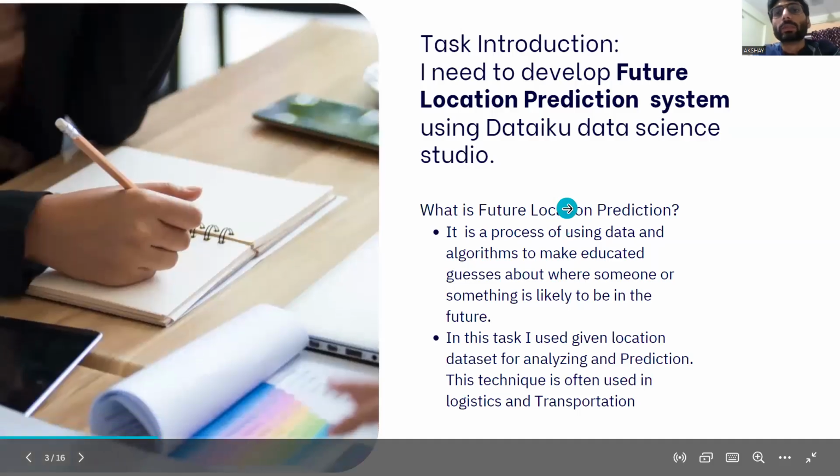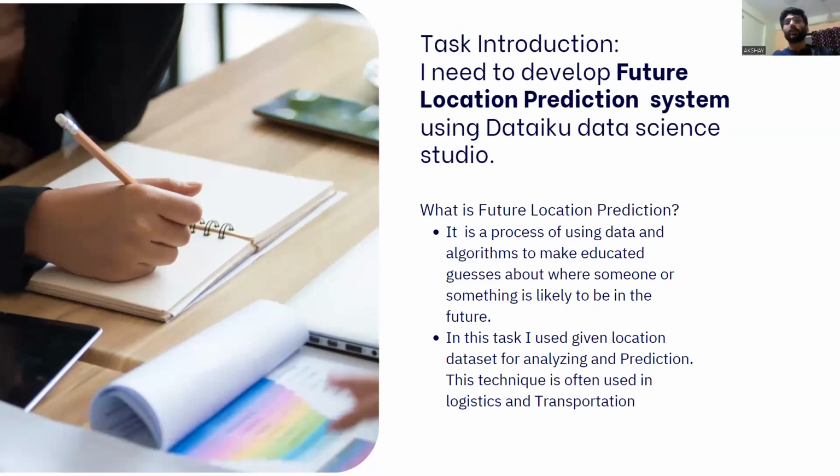Okay, so this is my first task, as I already told you, and what I need to do is develop a future location prediction system using Data IQ, which is a data science studio. I'll tell you about Data IQ later in the PPT. First, what is future location prediction?